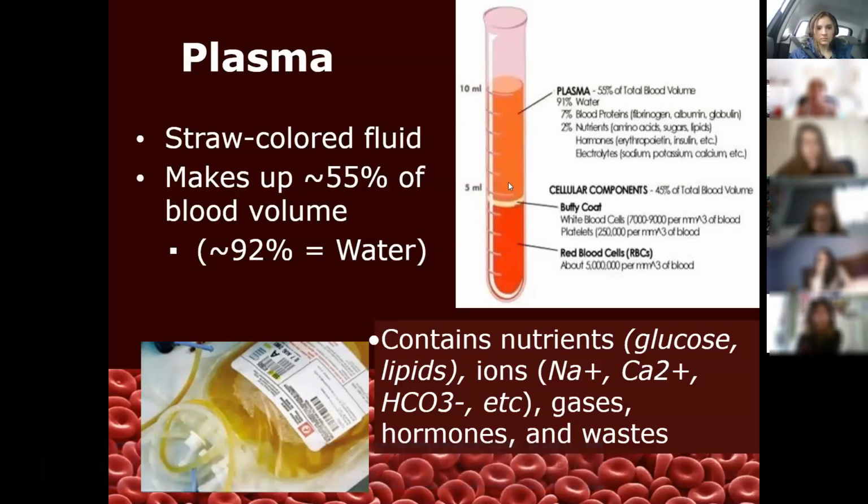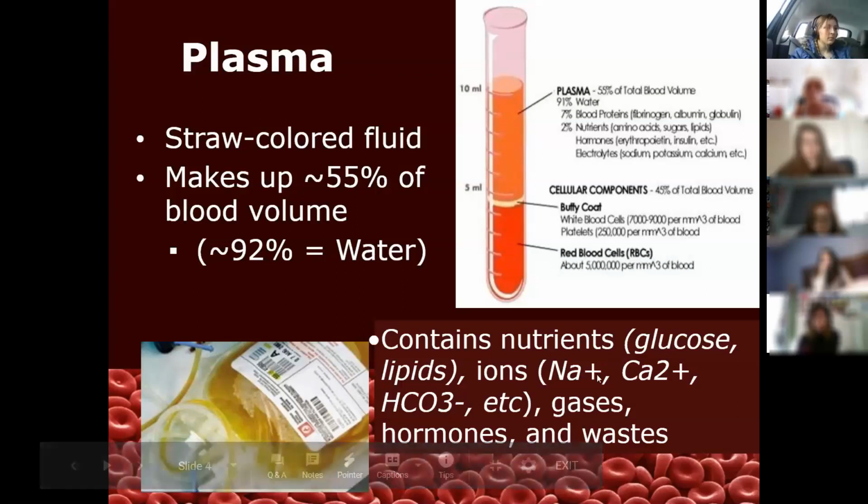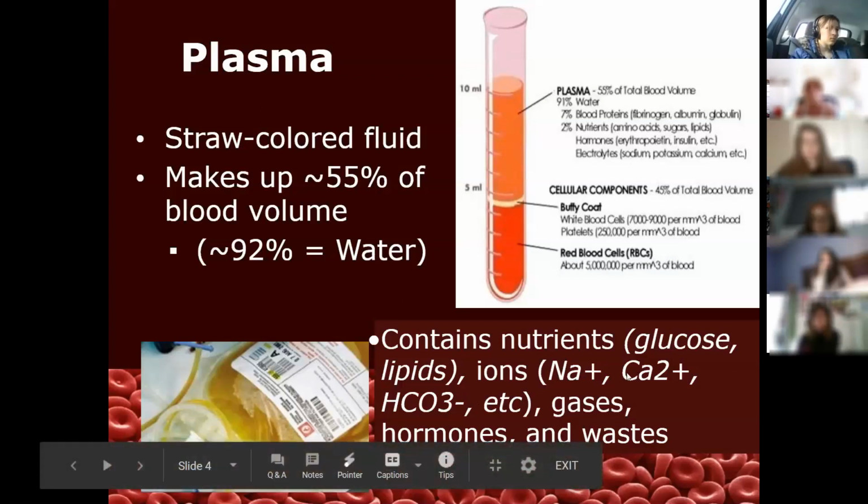Nutrients, so this is the part that is carrying the food supply to your cells and carrying away the waste products from your cells. So its whole job is transportation, right? So things like glucose that we use for energy, lipids, ions such as sodium and calcium, which we know is big for muscle contraction and nerve impulses, bicarbonates, which plays a big role in your blood pH, different gases, oxygen, CO2, hormones.